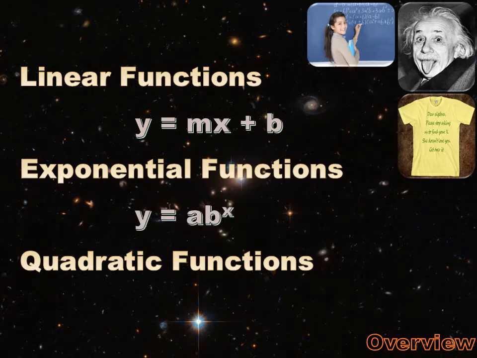An exponential function is a function that could be written in this form: y equals a times b to the x power. And a quadratic function is written in this form: y equals a times x squared plus bx plus c.